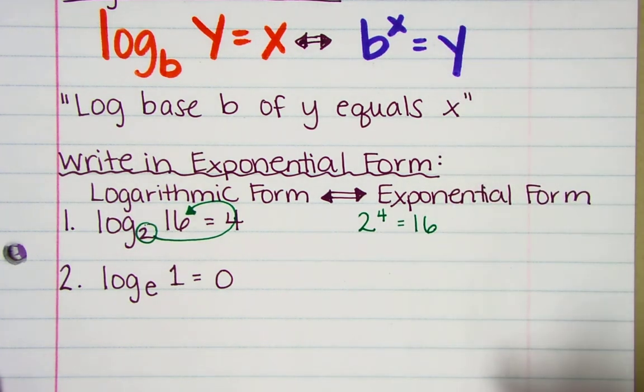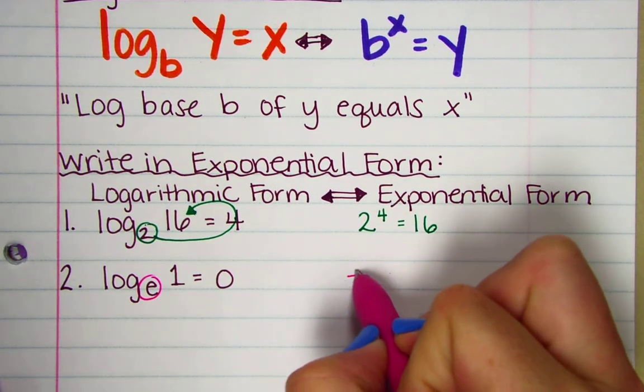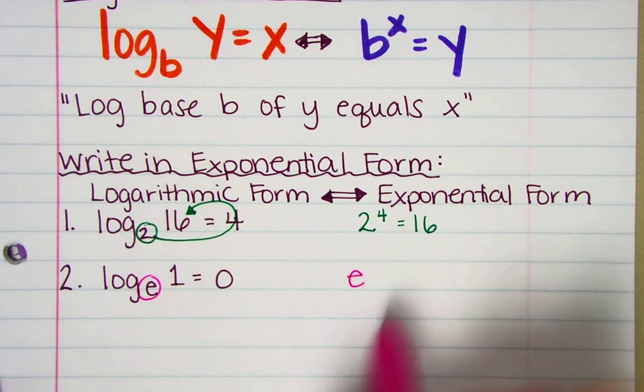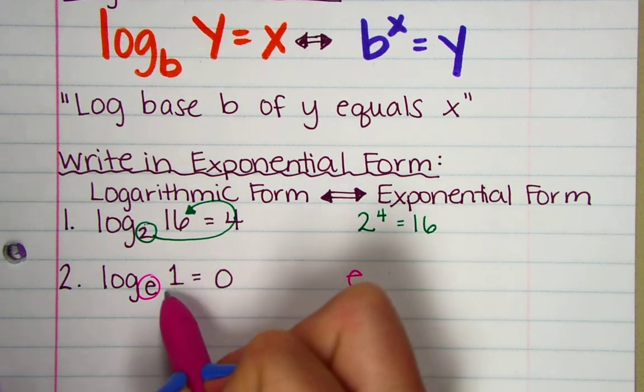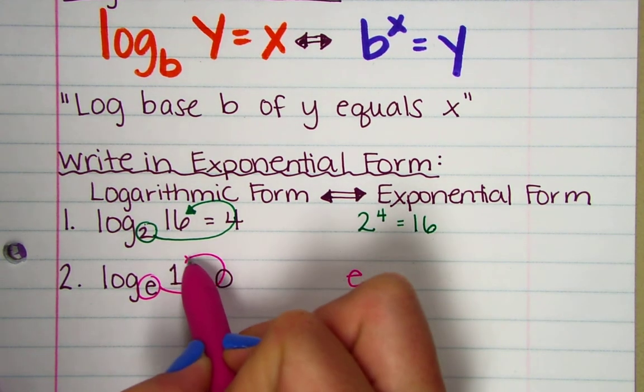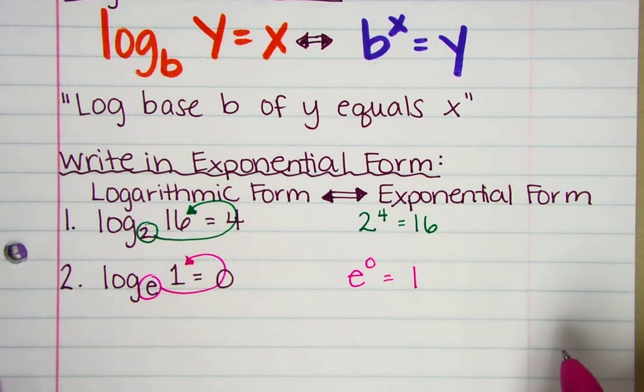So what's my base? E, right? It's in the basement. That's an easy way to remember it. Then what's my exponent? The 0 or the 1? 0, right? Remember, we go like this. 0 is my exponent, equals 1.